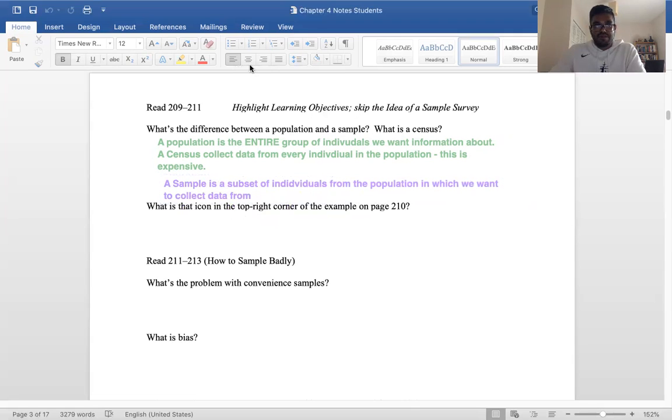Okay, so if you want to think about this as a Venn diagram or some circles, right? So this is your population. Okay, and then your inside one would be your sample. So this is S, this is your sample, this is your population on the outside. The reason why we use samples is because it's a lot easier to get a hold of a sample than it is to get everyone in the population.